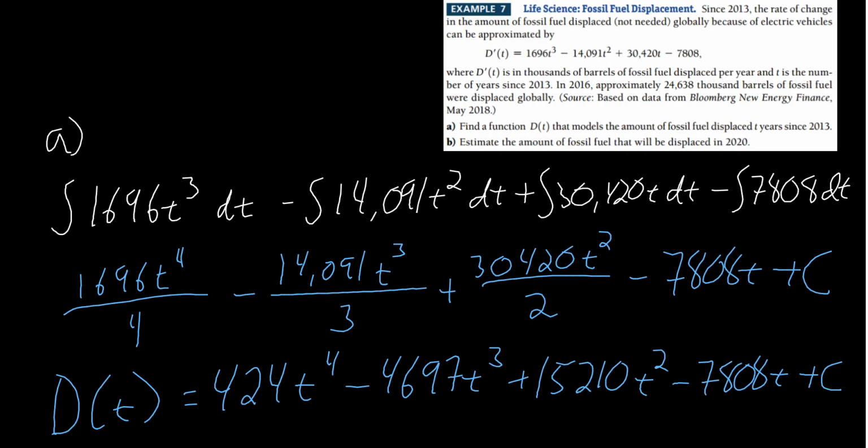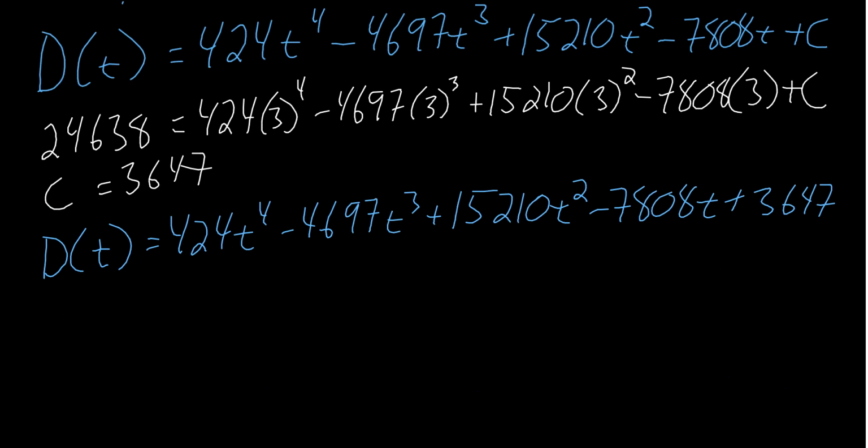But anyways, that was the first part. Find a function D of t. Okay, good. So we got our function D of t. Next, we're going to estimate the amount of fossil fuel that will be displaced in 2020. Well, all we have to do here is simply plug in 7, because 2020 is 7 years after 2013.